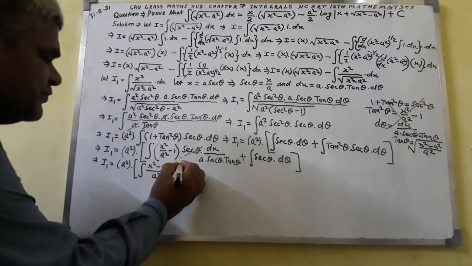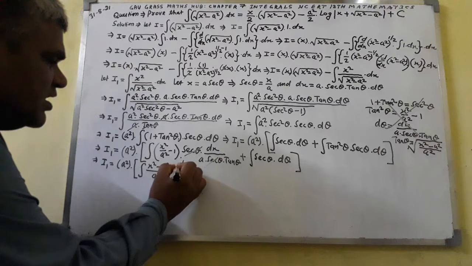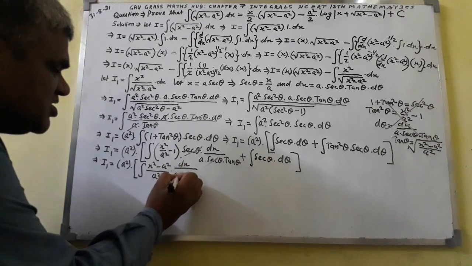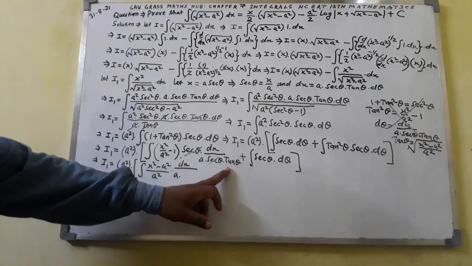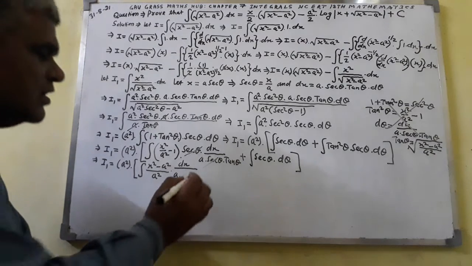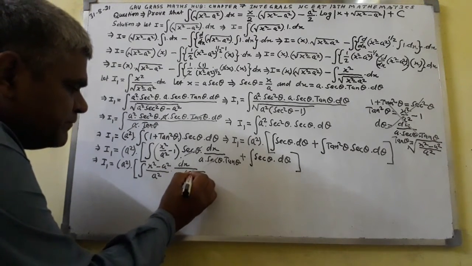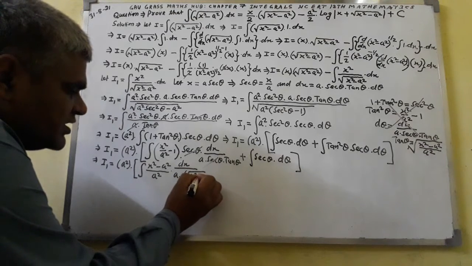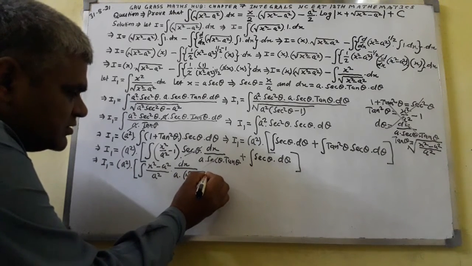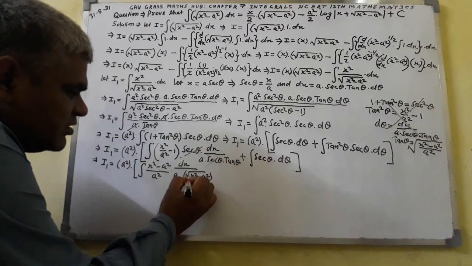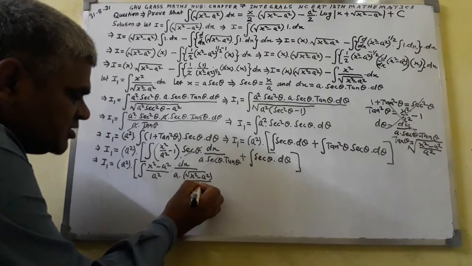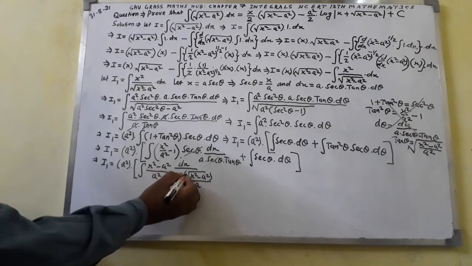Dot dx over a, and in place of tan theta I shall write under root x square minus a square whole over a. This thing I shall write.